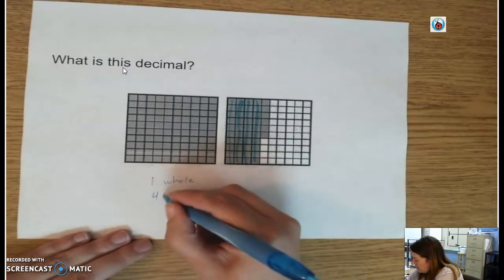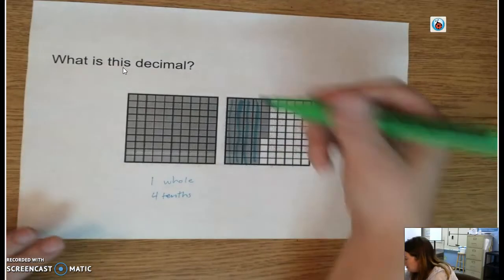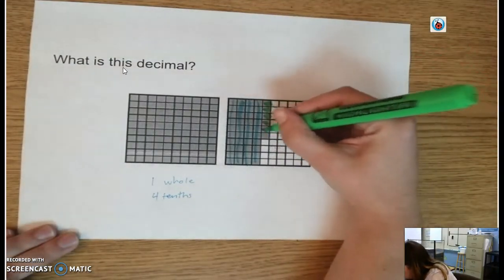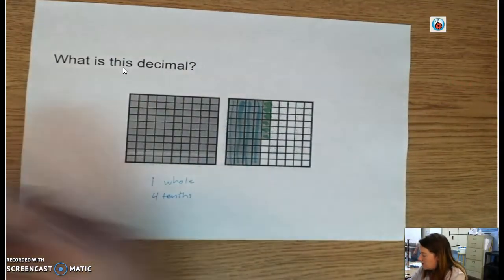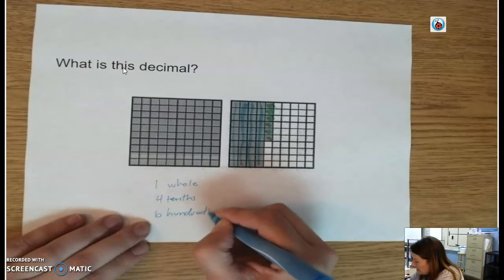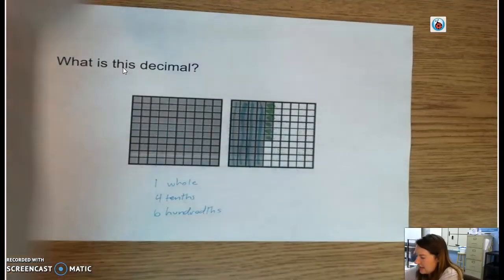So I know there are a total of 4/10. And then how many hundredths did you count? 1, 2, 3, 4, 5, 6 hundredths. So we have 1 whole, 4/10, 6 hundredths.